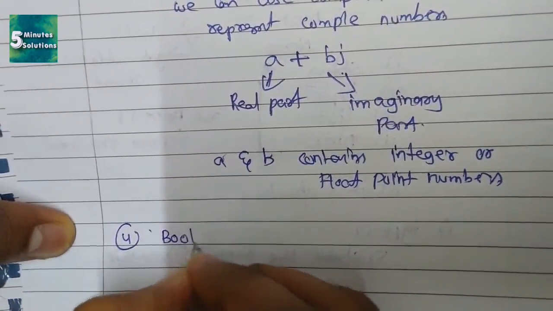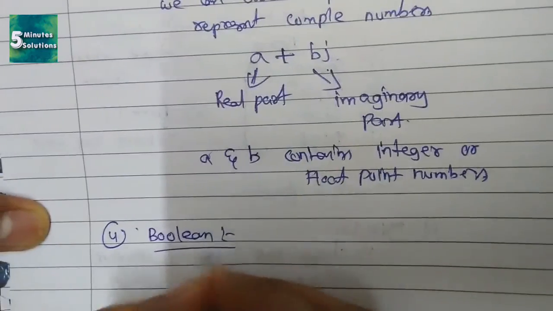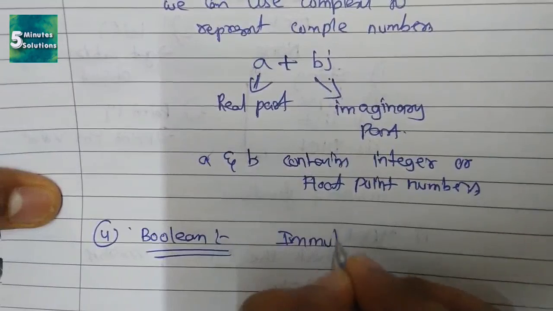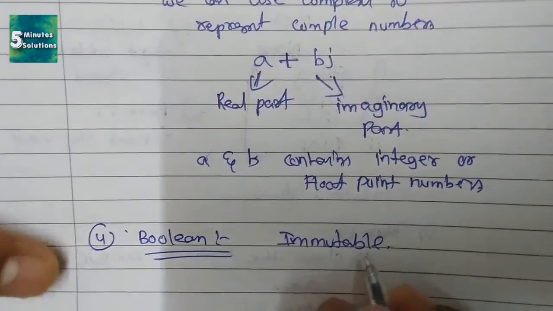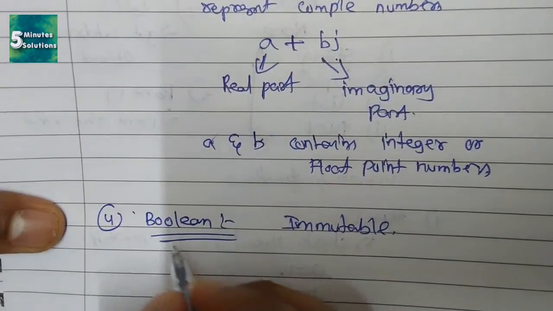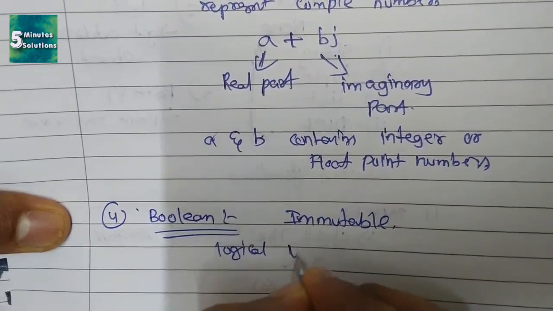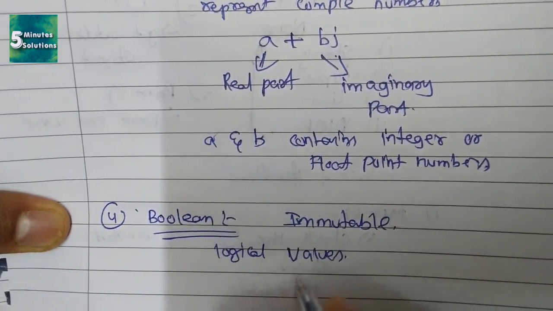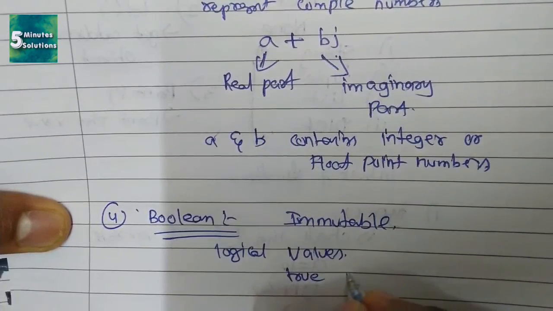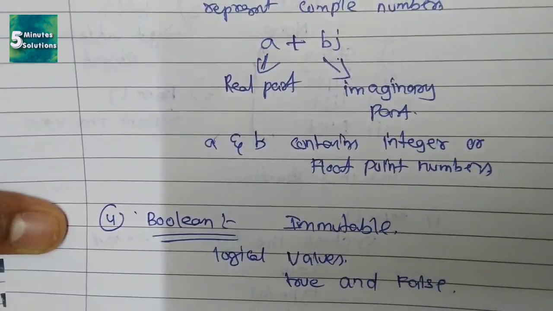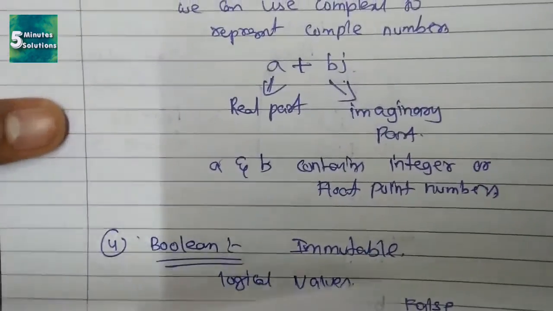And the fourth one is boolean. Boolean is also immutable, and normally we use boolean to represent logical values, that means true and false.